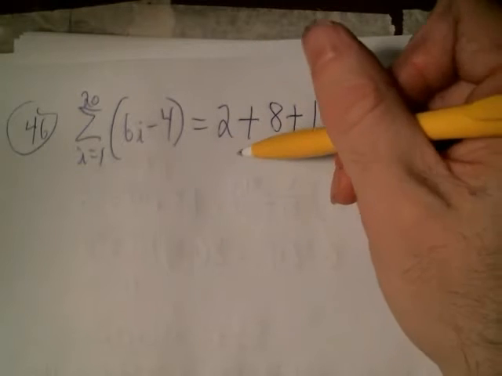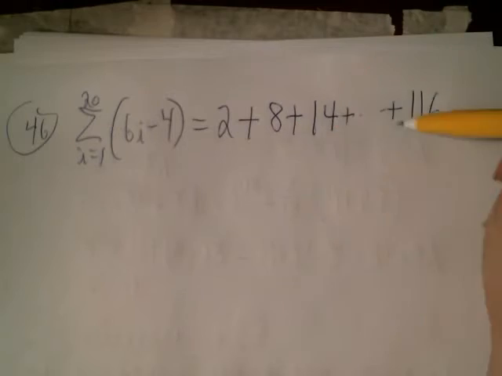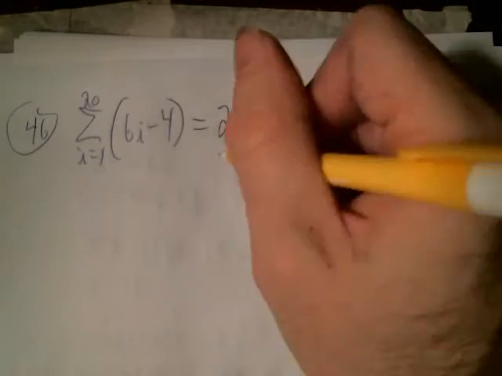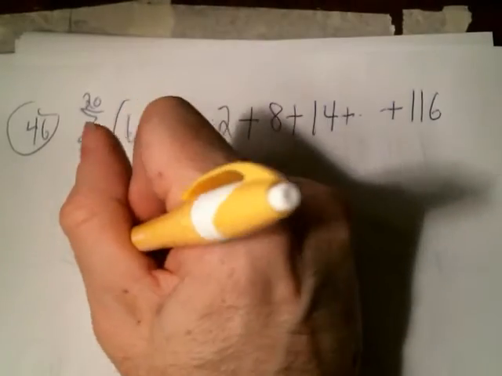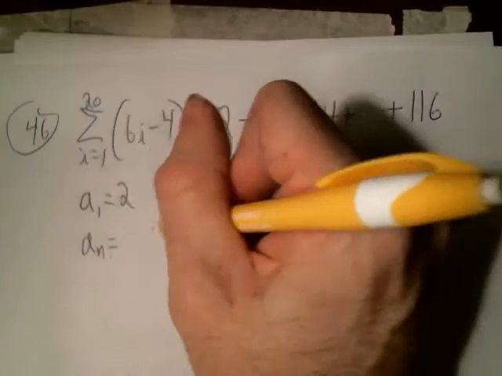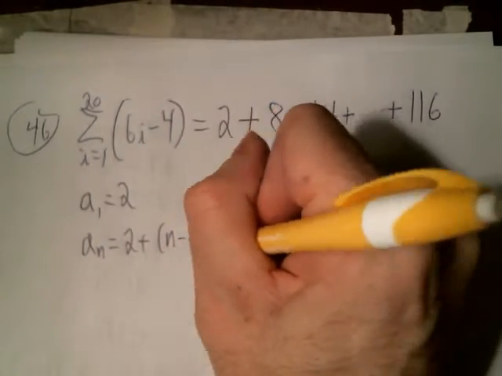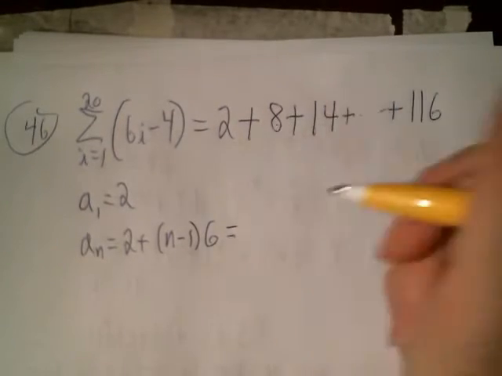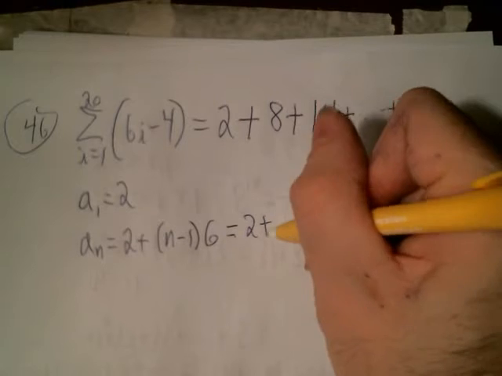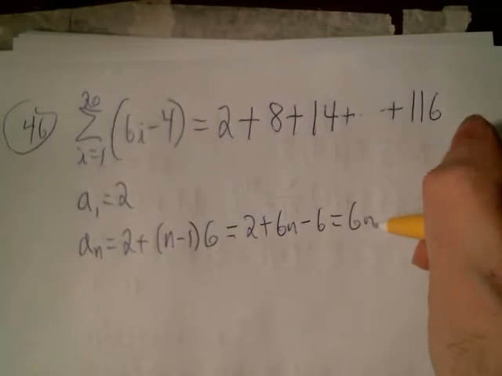So it looks like it's an arithmetic sequence. The difference between each term is 6. Okay? So a sub 1, of course, is 2. A sub n is a sub 1 plus n minus 1 times the difference, which I said was 6. So we got 2 plus 6n minus 6, which equals 6n minus 4.